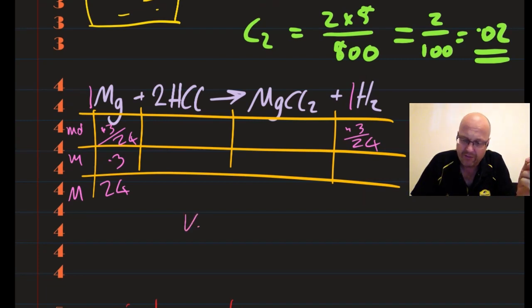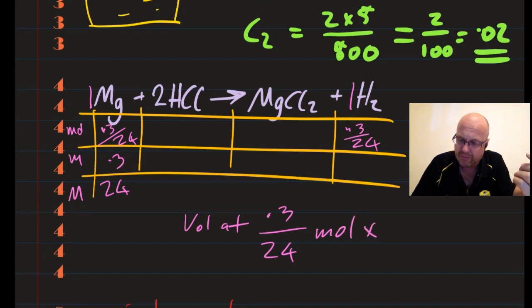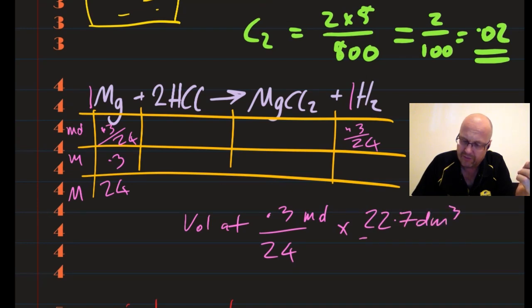So to work out the volume at STP, I don't have 1 mole. If I had 1 mole, then the answer would be 22.7. But I've got 0.3 over 24 moles multiplied by 22.7 decimeters cubed for 1 mole.